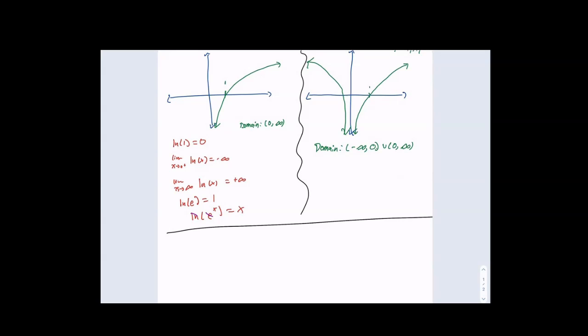But if it changes, we'll do a lot more review of evaluating the transcendentals, which is evaluating trig, natural log, and exponents, and will take a lot more time later on in the course. But until I know that information, I don't want to spend the time there, so that we can get through all the material and do it well.